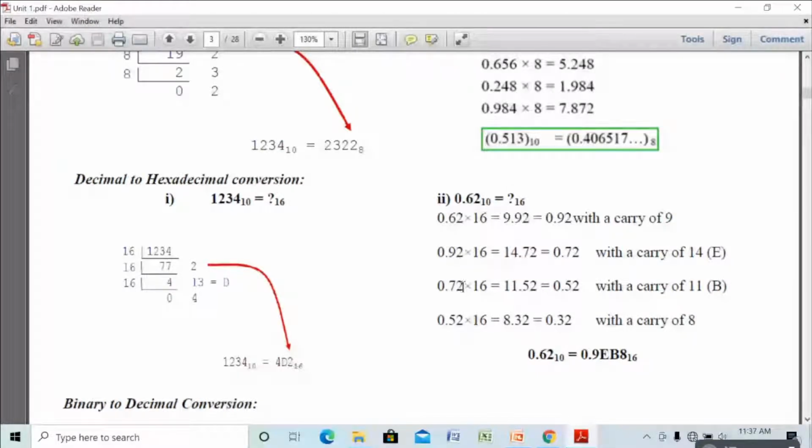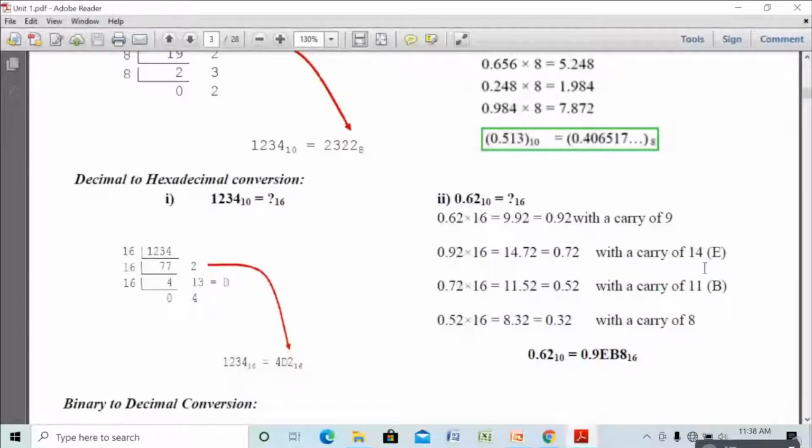In the same way, we have to do the fractional part. We multiply the number by 16 and keep the whole number on the right side. Here 14 is the whole number.